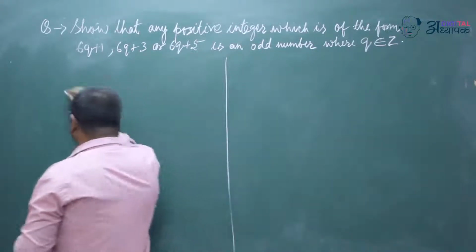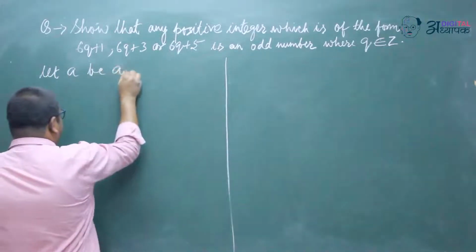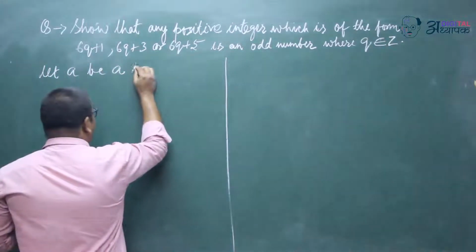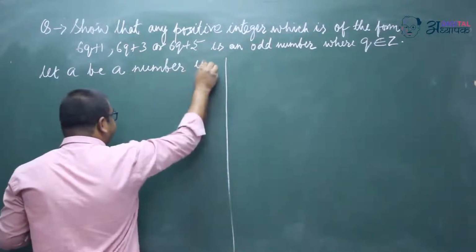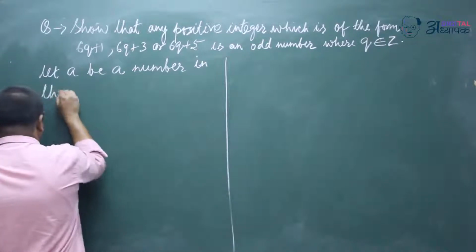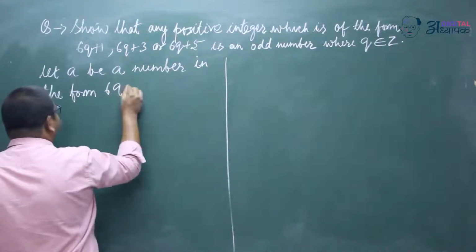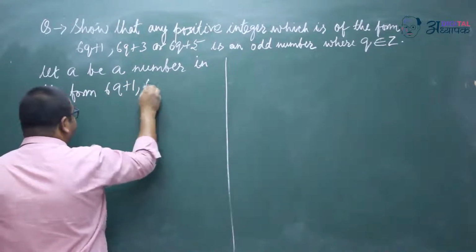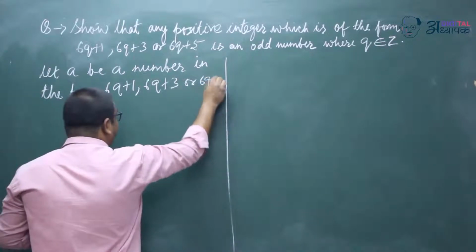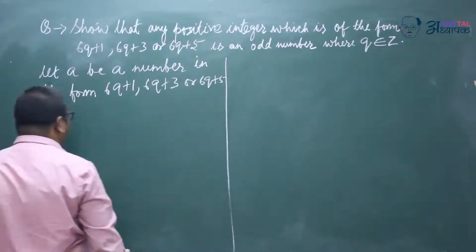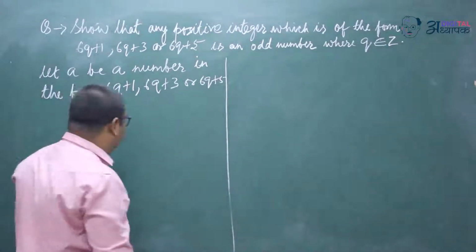Let A be a number in the form 6q plus 1, 6q plus 3 or 6q plus 5. Now we have to prove that these are in the form 2q plus 1.